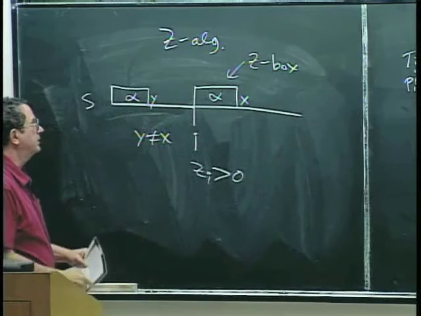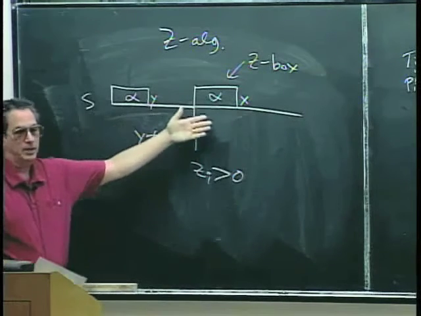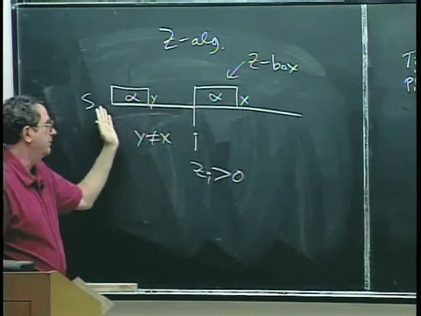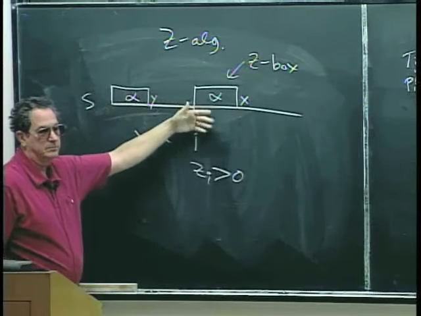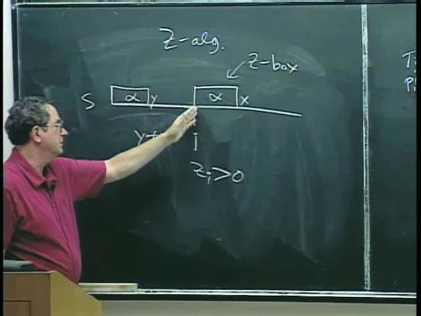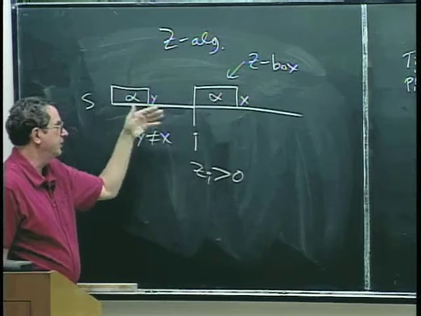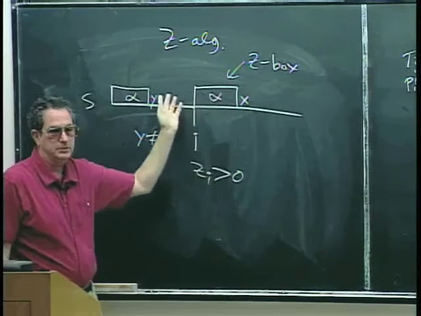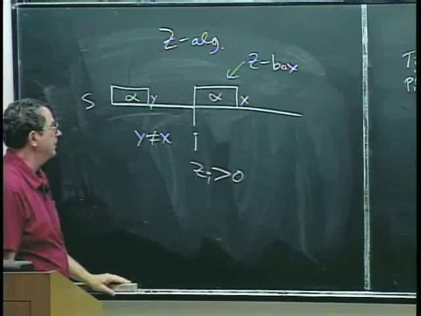So if we look pictorially at what has happened in the algorithm, it will have found some of these substrings that match prefixes, and those will define Z boxes. So we'll have pictures with those little boxes in there.